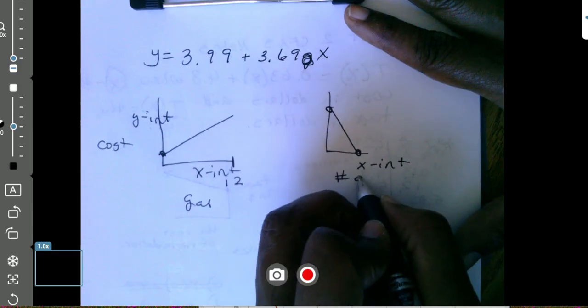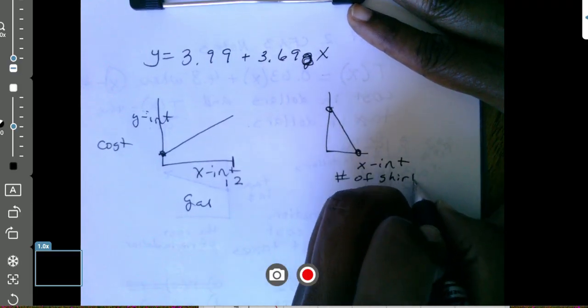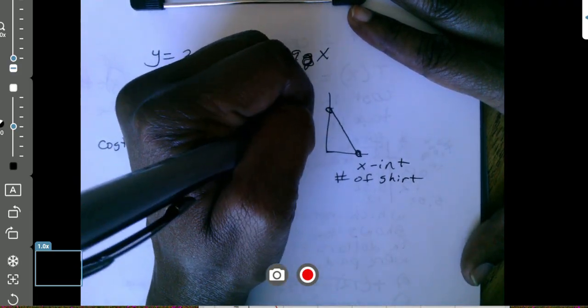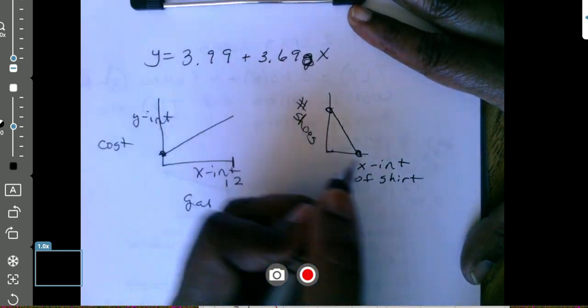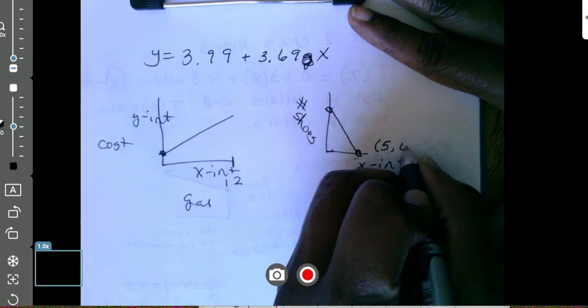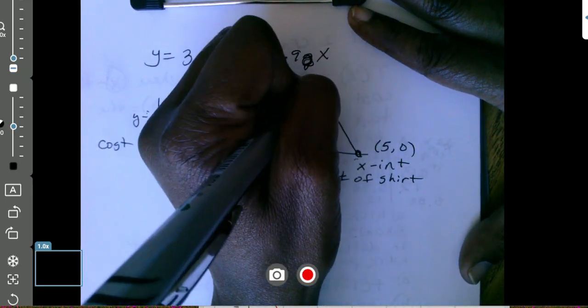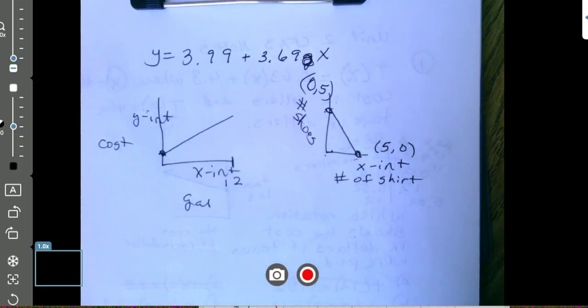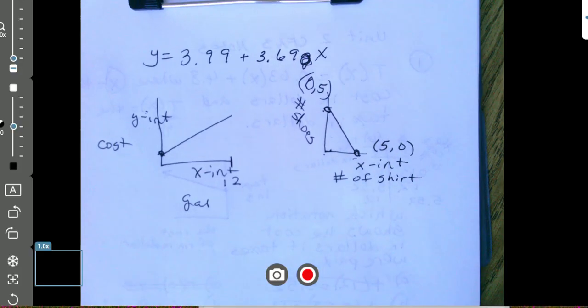If this is the number of shirts, then that means if you get 6 shirts, you can get no shoes. If you get 6 shoes, you can get no shirts, because this ordered pair is 5, 0. This ordered pair is 0, 5. Two different things. Make sure you know what the intercepts represent.